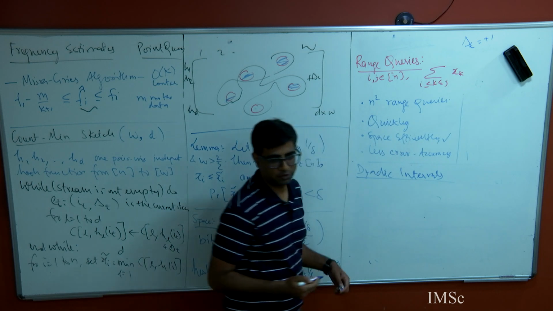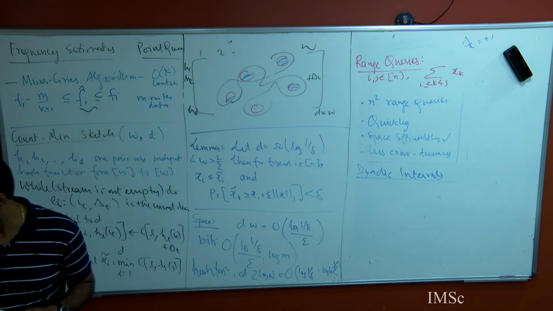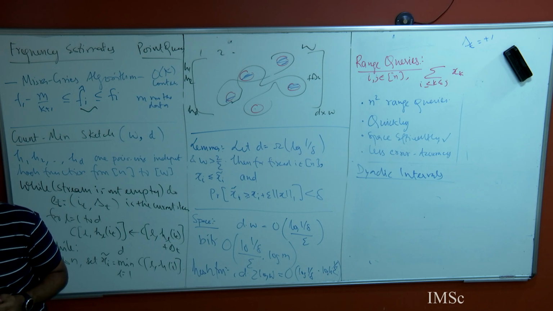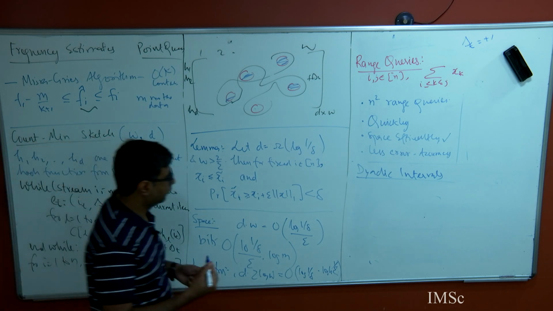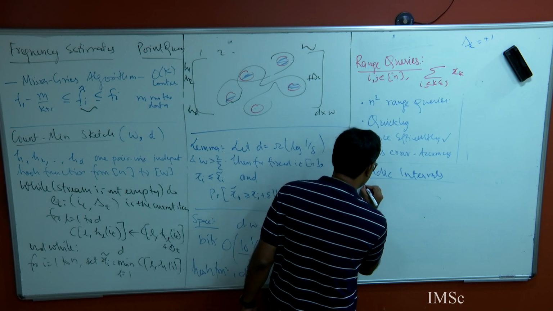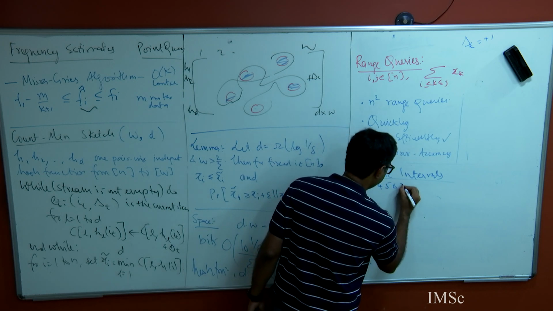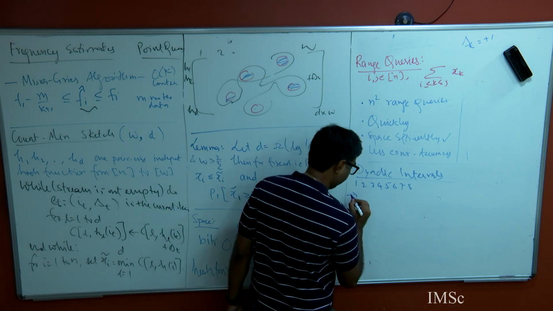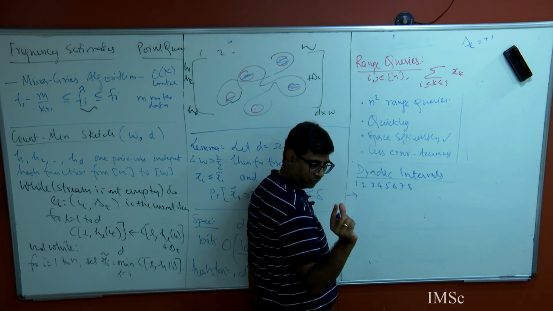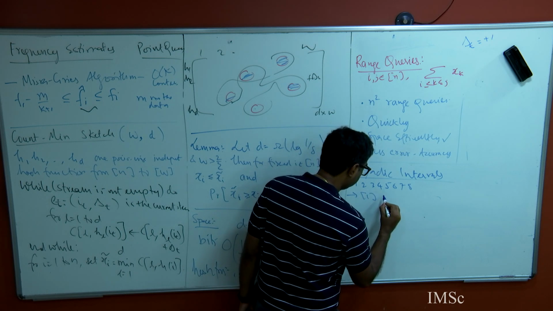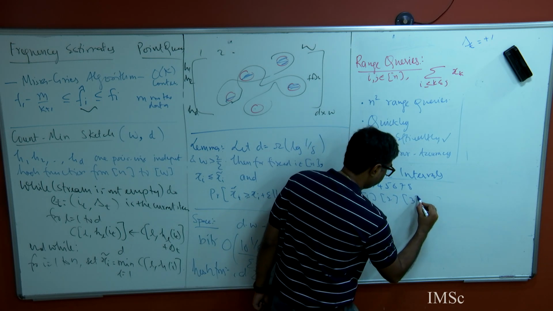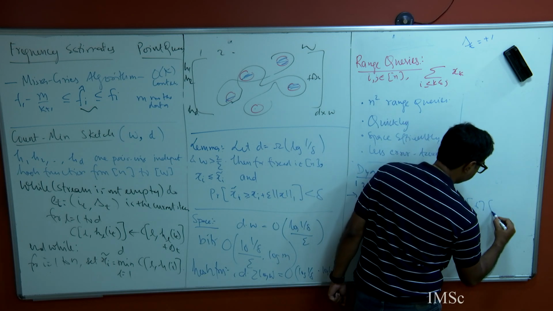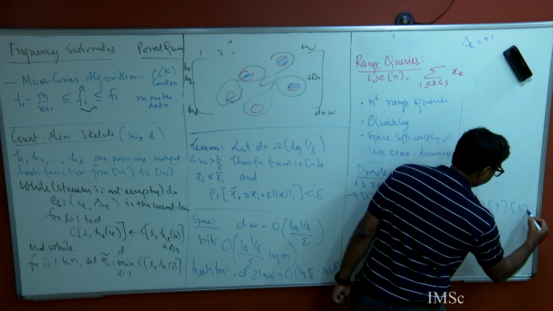Suppose I have numbers 1 to n, so let's say 1, 2, 3, 4, 5, 6, 7, 8. My dyadic intervals are: this is the first level, each of size 1. So 1, 2, 3, 4, 5, 6, 7, 8.